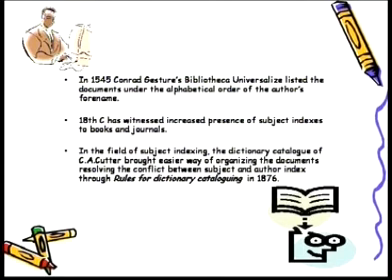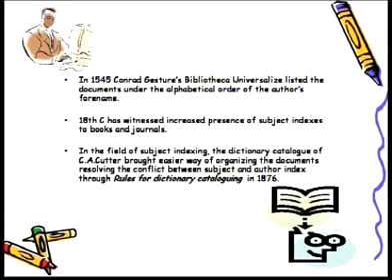This can be considered the genesis of all the present indexing systems. The 18th century witnessed an increased presence of subject indexes to books and journals. In 1856, Andre Cristando made an attempt to show the importance of titles of documents to derive indexes.